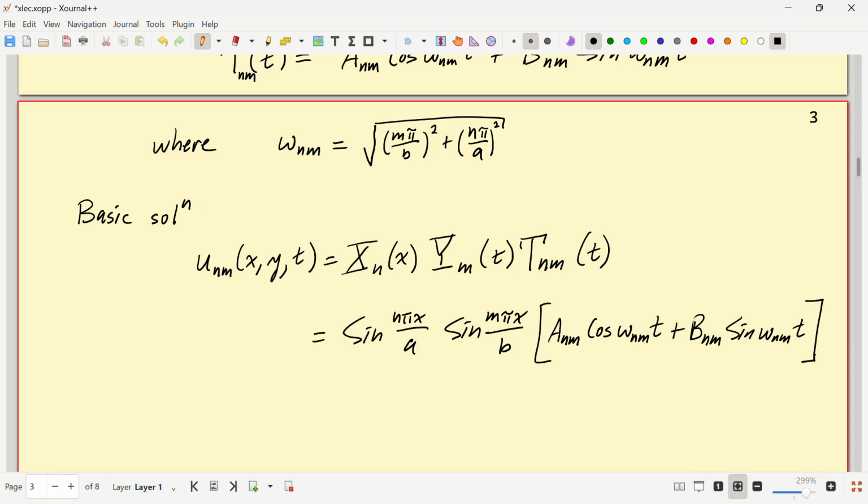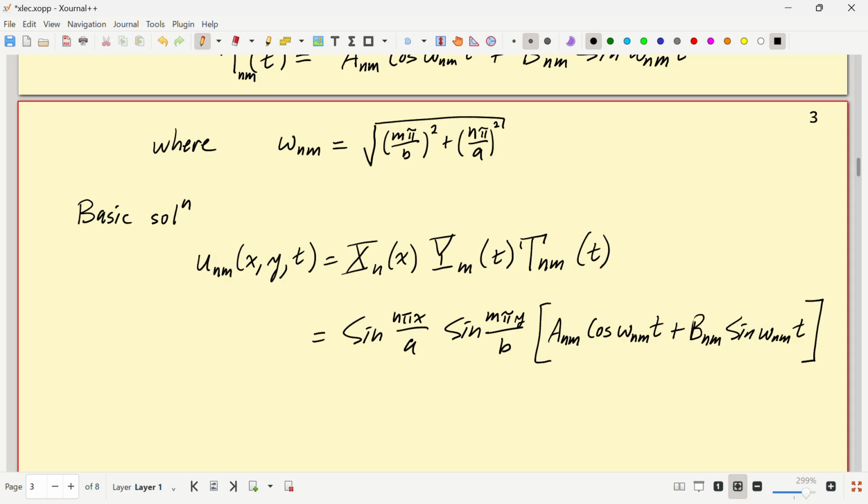And that's a vibrating thing. I think I showed you these kinds of things in Maple before. The sine function in x and y here is just a shape, and that other stuff makes it vibrate up and down.